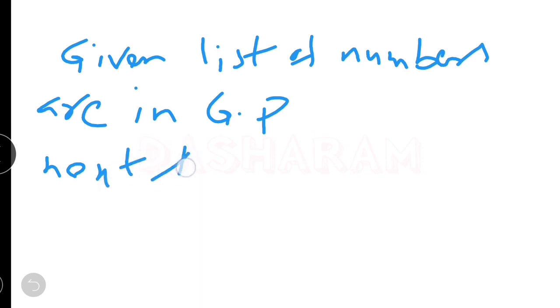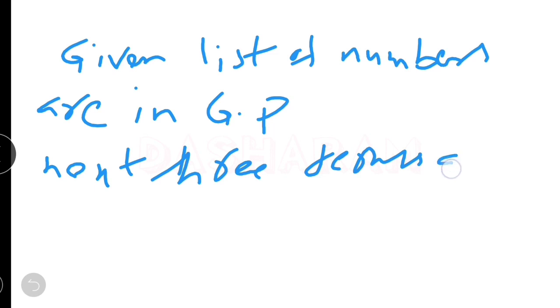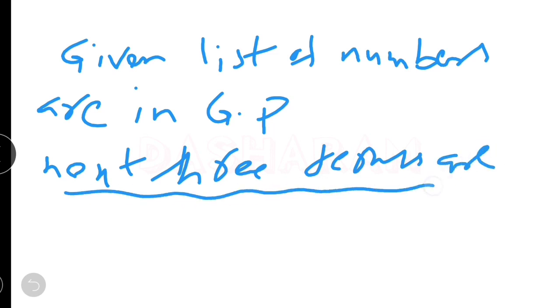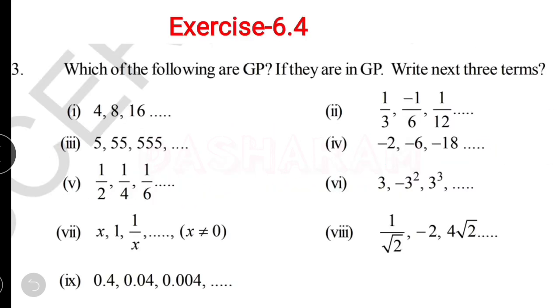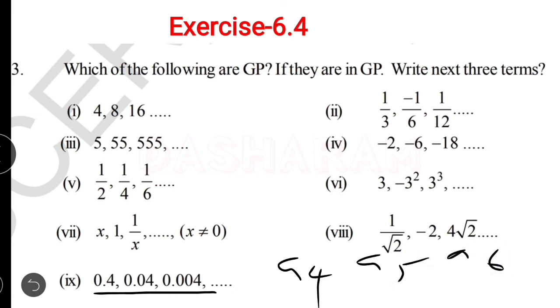Now, what are the next three terms? How many terms are given? 3 terms are given, so the next 3 terms mean A4, A5, A6. To write these, we need the A value and R value. Here the A value is 0.4 and the R value is 1 by 10.